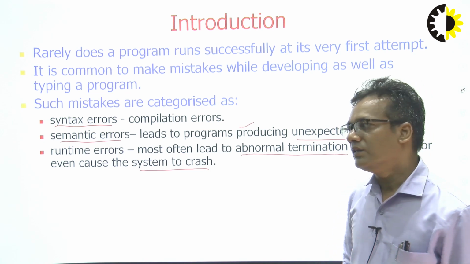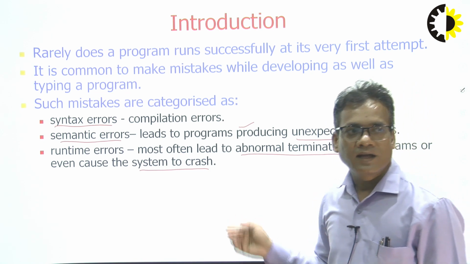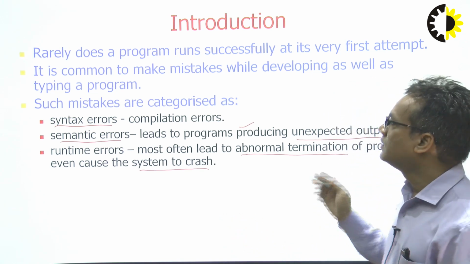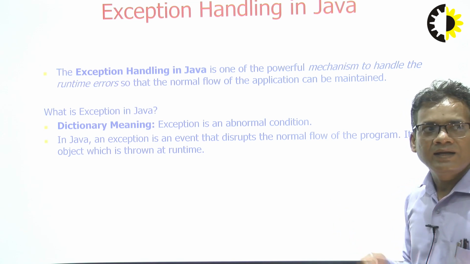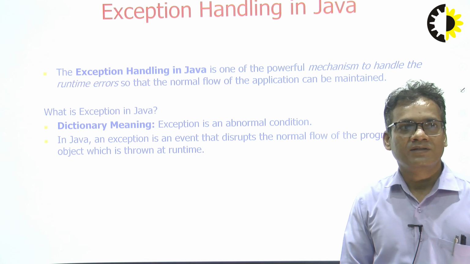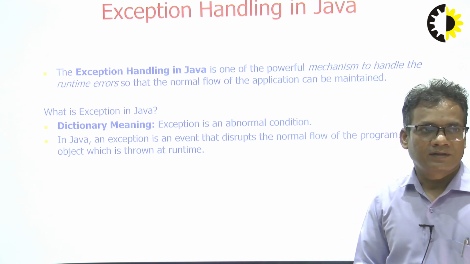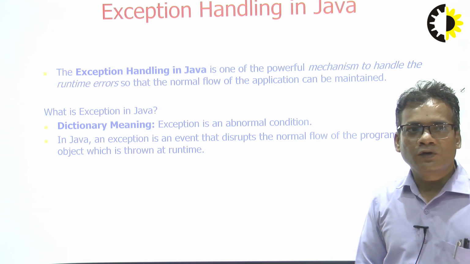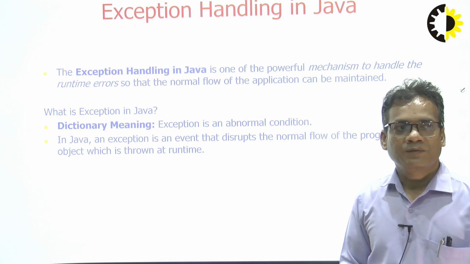So in this topic we are just dealing with runtime errors, that is, exceptions. Exception handling in Java is one of the powerful mechanisms to handle runtime errors, so the normal flow of the application can be maintained, otherwise it will be interrupted.